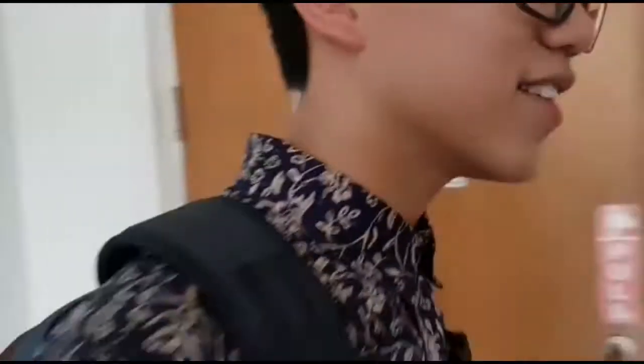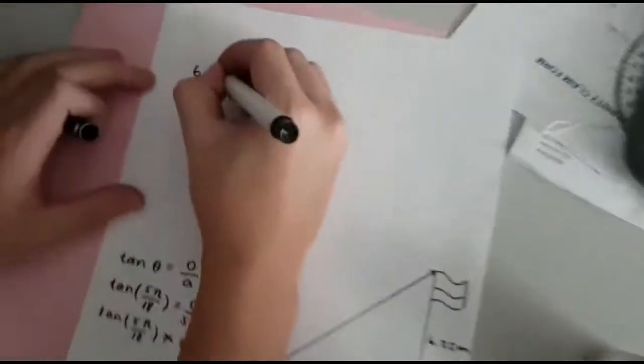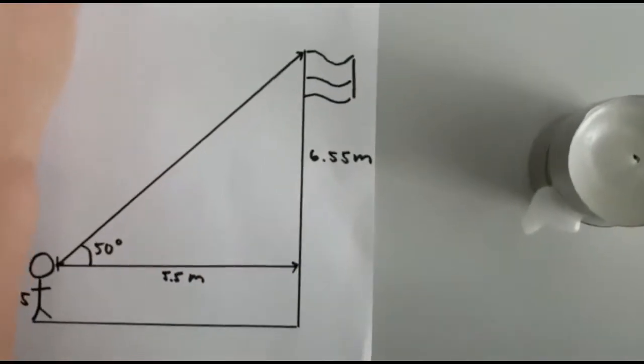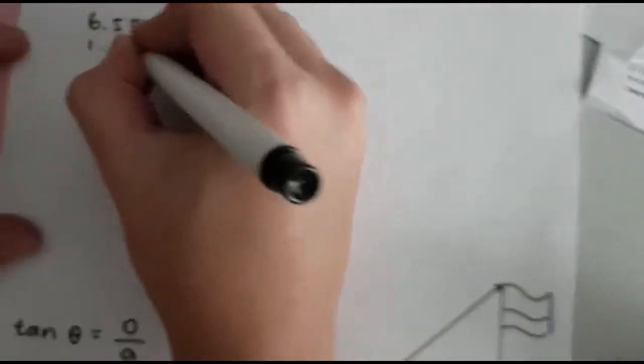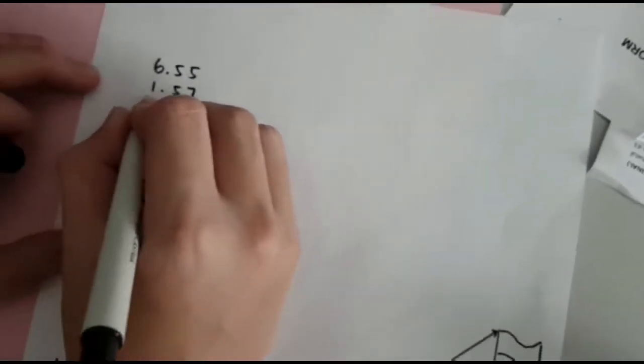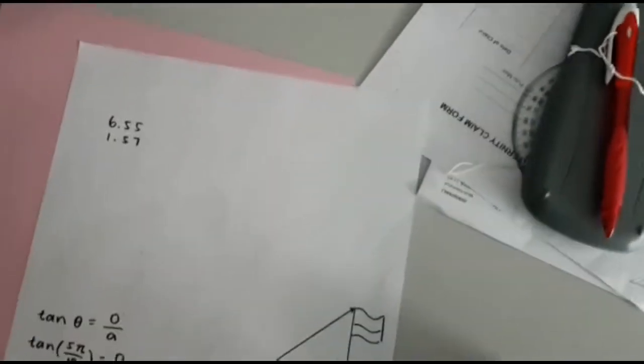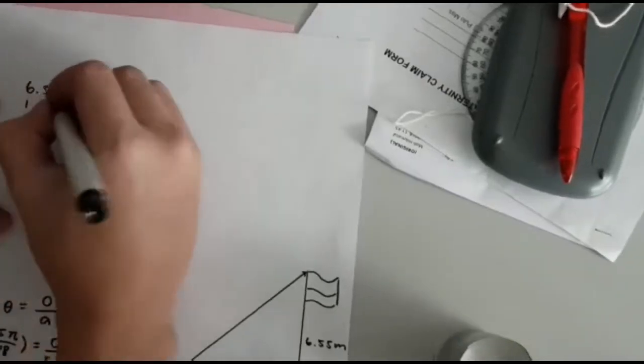And now we're gonna go back. Actually, can we just do it here? Okay. And we're going to add his height to the calculation to find the height of that pole. Okay, so now we know that the height of the pole is 6.55 meters, and we're gonna add that with Addison's eye level, which is 1.577.